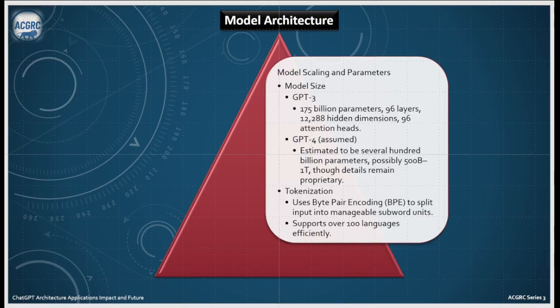The 12,288 hidden dimensions are 12,288 notes. That's what you should look at. These are the notes the traveler is carrying, details that get updated at every stage. So the traveler is carrying a 12,288-page notebook.